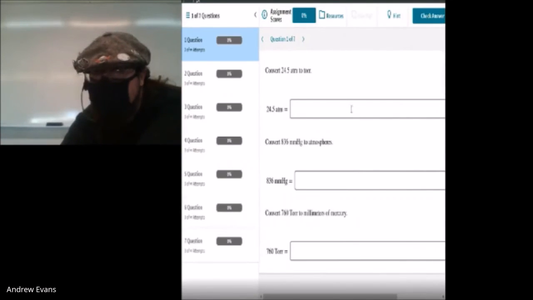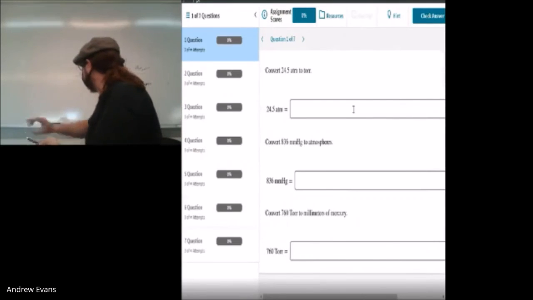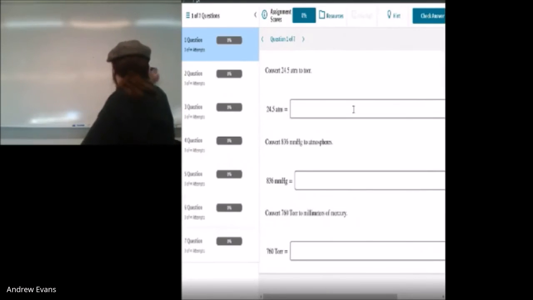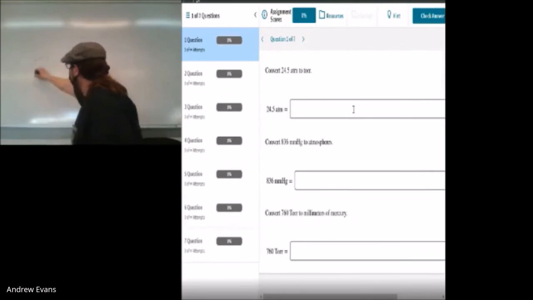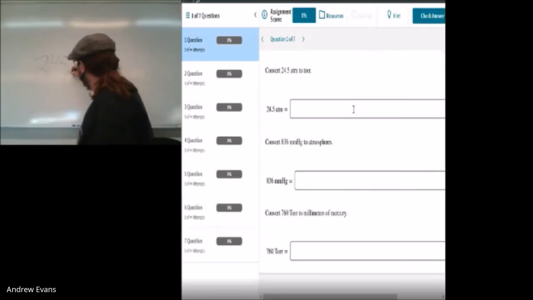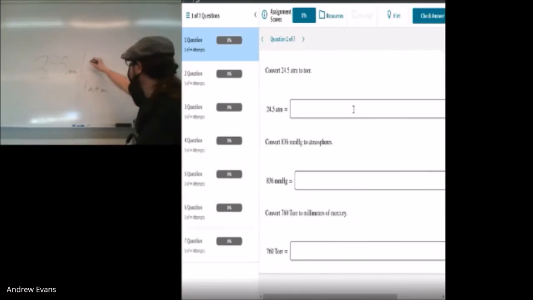24.5 atmospheres to torr. So we're just working backwards. Once again, we start with what we're given: 24.5 ATM. For every 1 ATM, there's 760 torr.